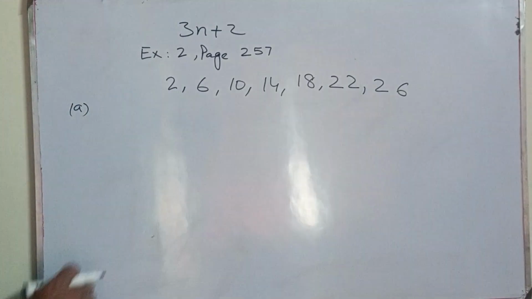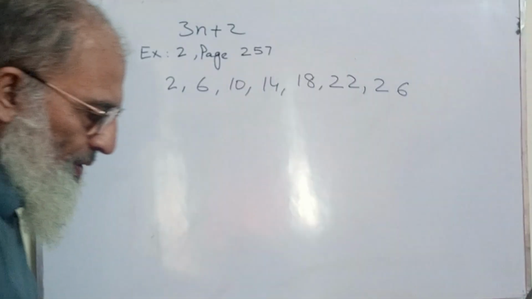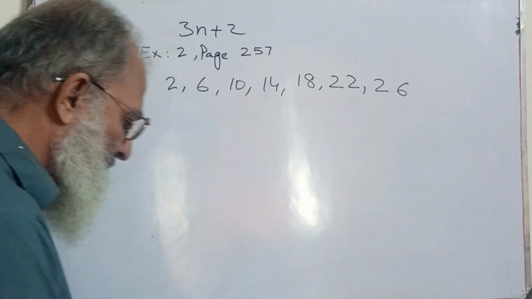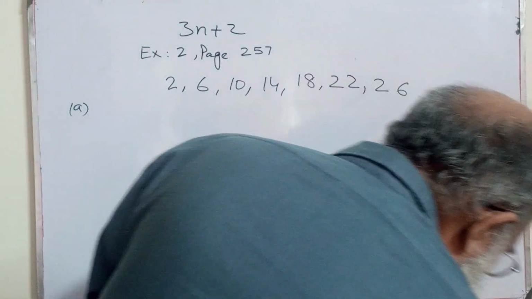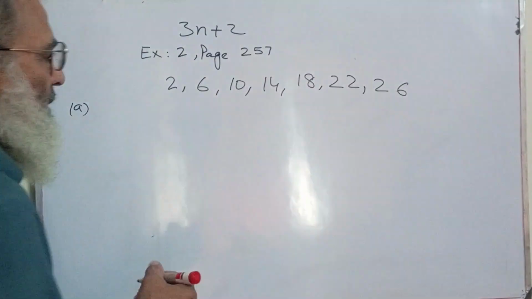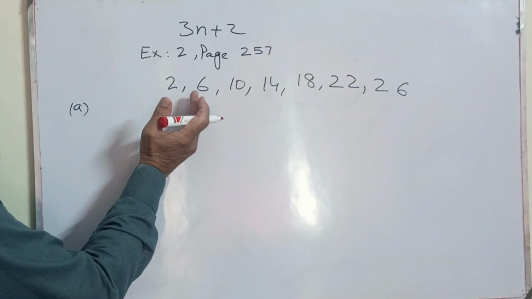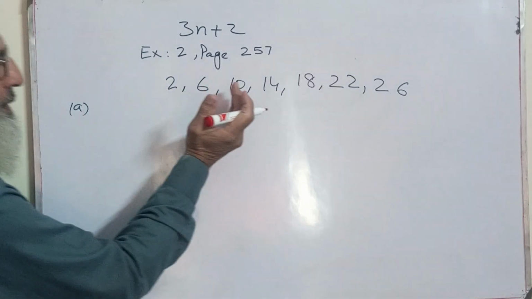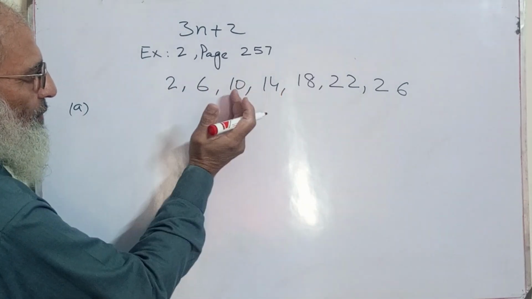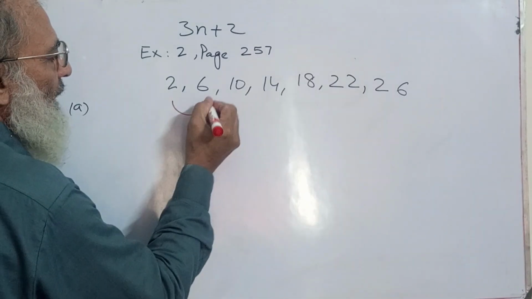So, my dear students, you see that what we are doing here is we are just adding some constant number to this sequence in each step. For example, if you subtract the previous term from the later term, and so on, you will get 4 each time.